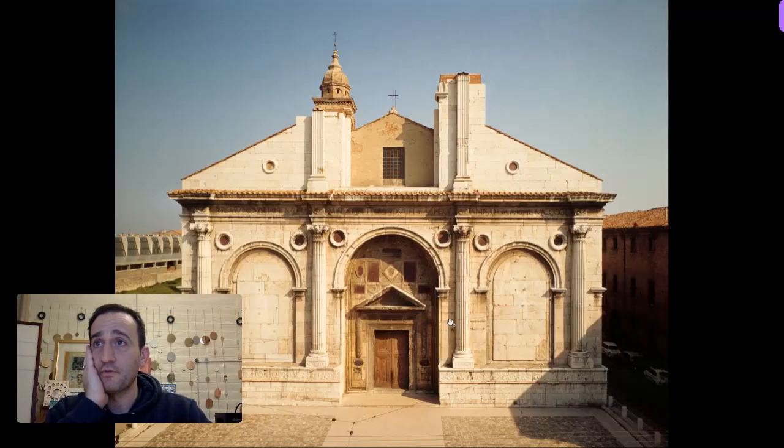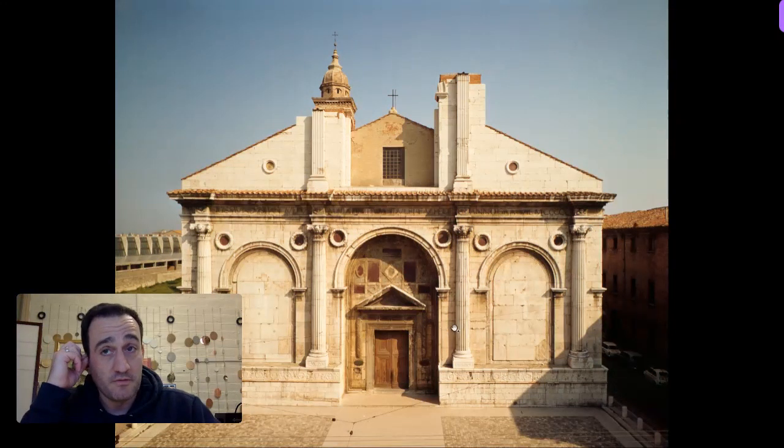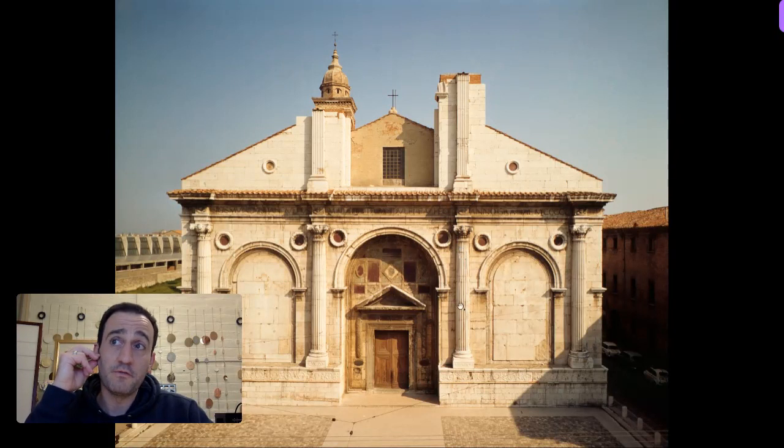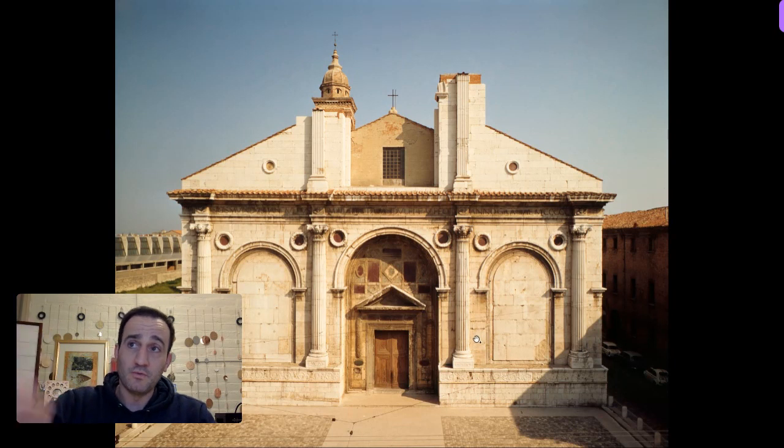So I'm going to start with the first term, which is fluting. I'll just read the definition: fluting is the vertical decorative treatment of a column, often carved away from the surface. Fluting is a very easy one, and this is a really good example in Alberti's church here at San Sebastiano, which shows the fluting effect, the carving of the detail as you work your way around the surface of the column.